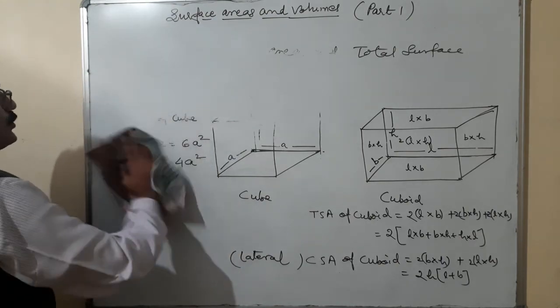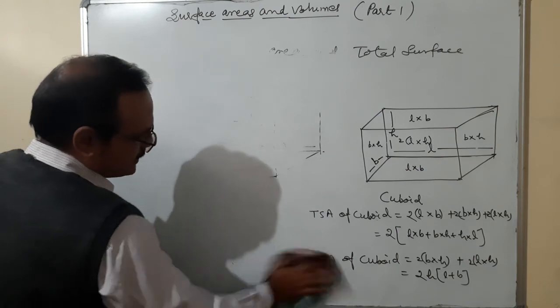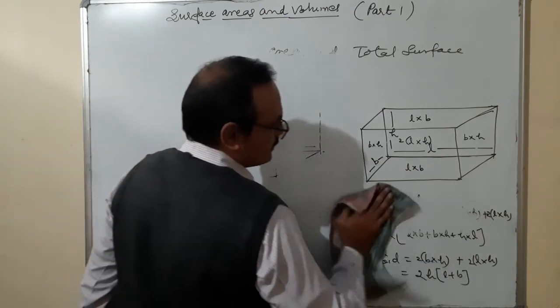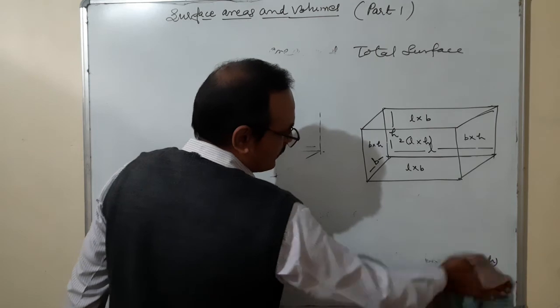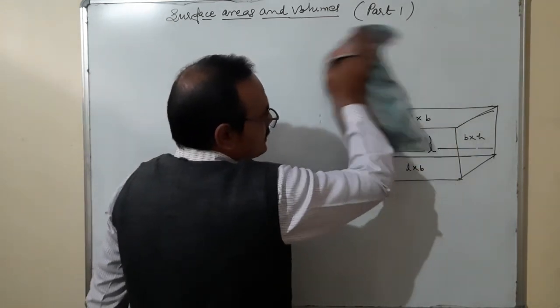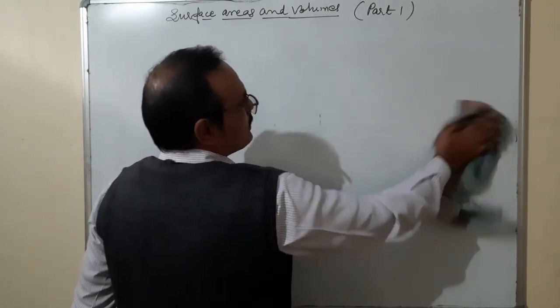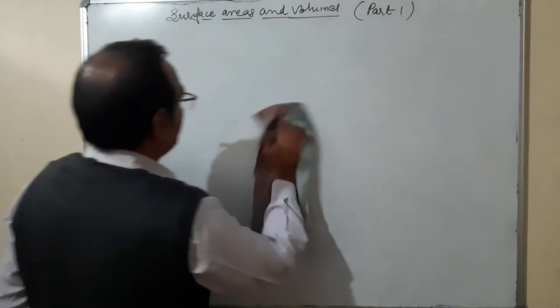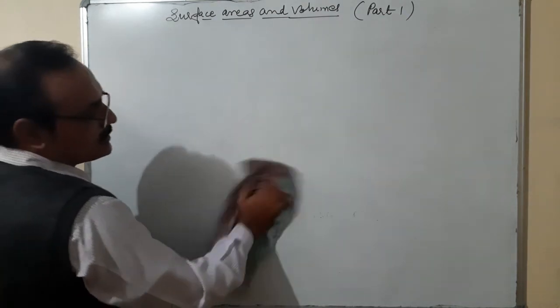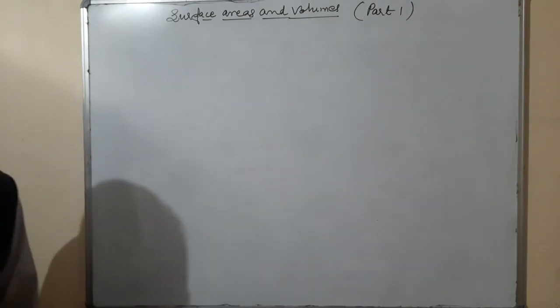Total surface area of cuboid is equal to 2(LB plus BH plus HL), and curved surface area 2H(L plus B), that means area of 4 walls. And for the cube, it's very simple. TSA, total surface area 6A square, and curved surface area 4A square. So all the questions on the basis of cube and cuboid, CSA and TSA, are in this exercise 13.1.